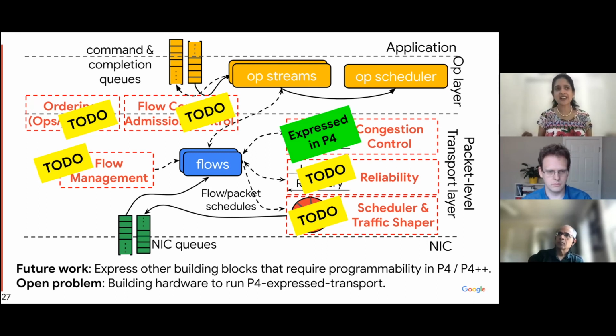And the second, maybe more specific point, is that if switches were to give out a lot of information on instantaneous values of queues or instantaneous utilizations, that's a lot of information for hosts.